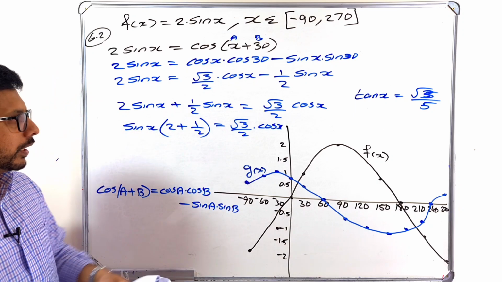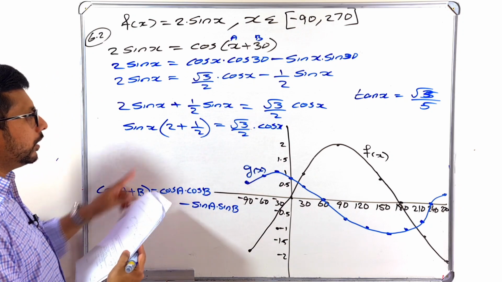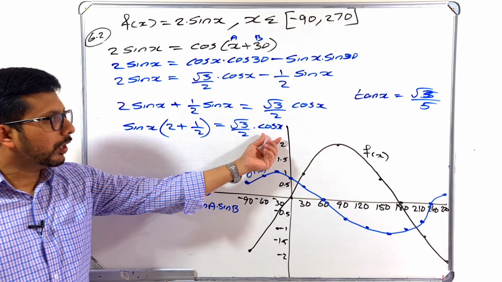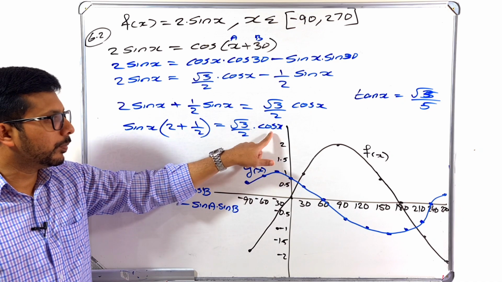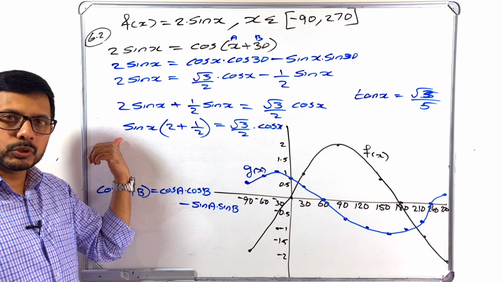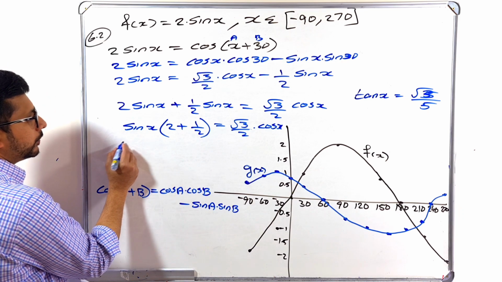So here you can see that this is a multiplication. This dot stands for multiplication, and here this bracket stands for multiplication. So if I want to take this cos x to this side, it is division. If I want to take this cos x to the left side, it is supposed to be division. Okay, let's write one more step.